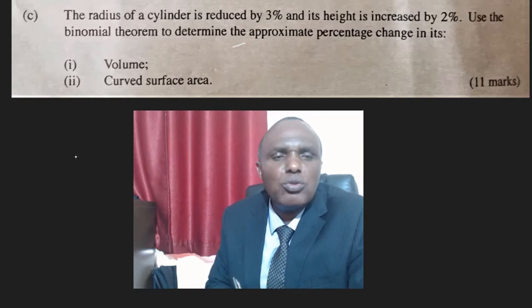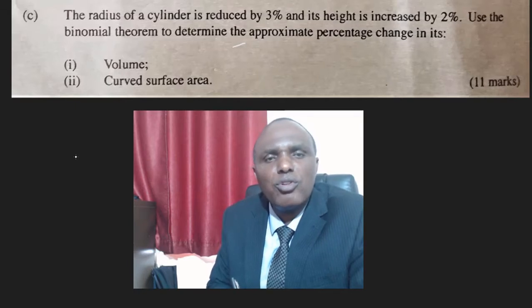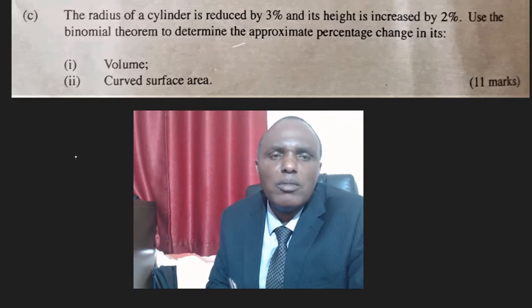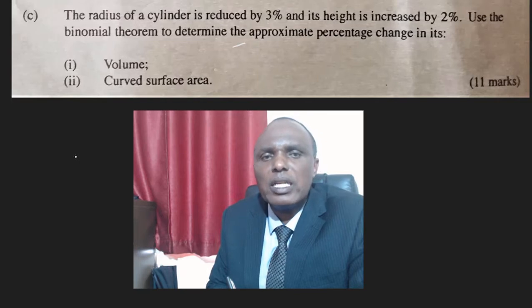I would like to remind you about binomial theorem and how we can use it to predict small changes in different quantities.